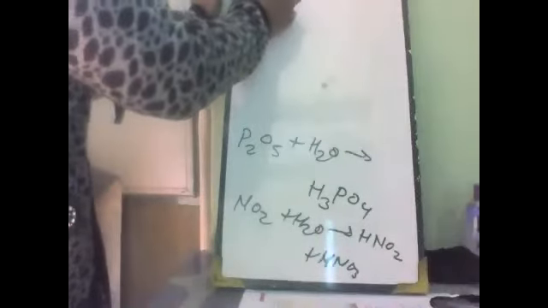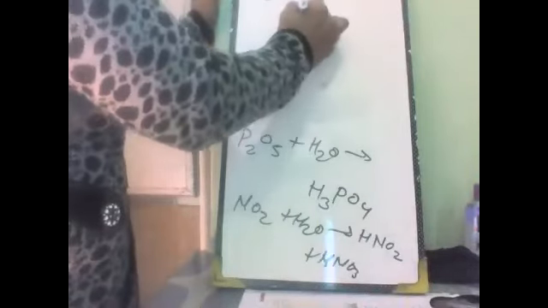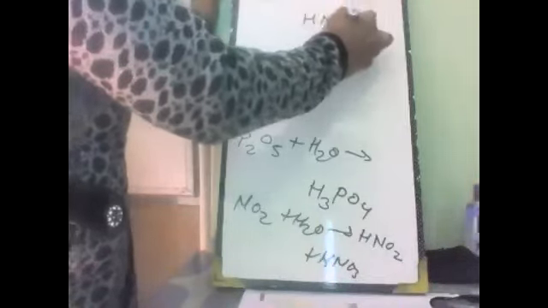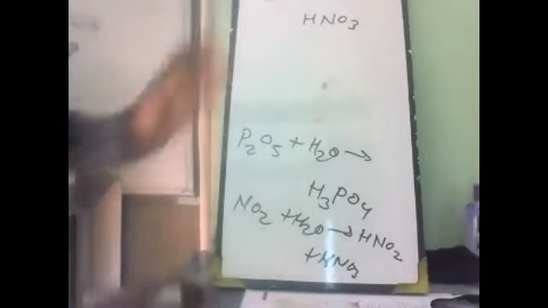There are two acids, nitrous acid and nitric acid. Nitrogen pentaoxide reacts with water, then it forms nitric acid, HNO3. In this way, we will finish the combination reactions.